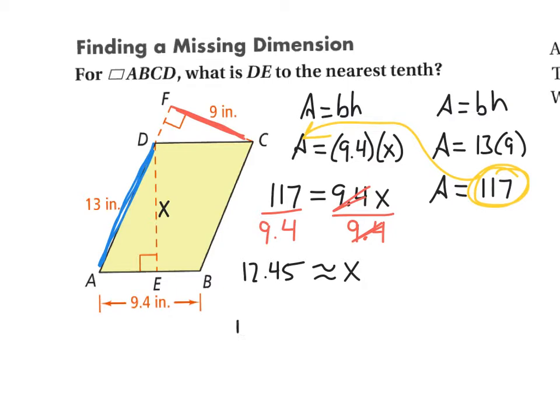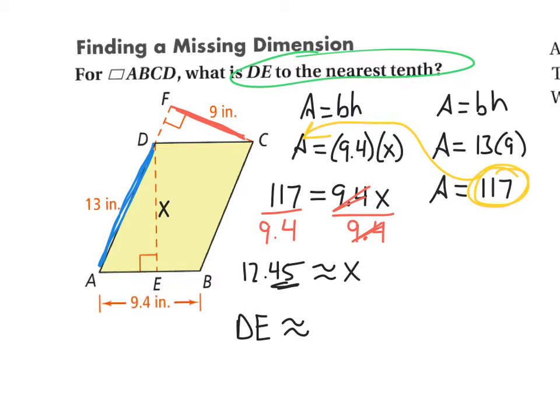And so that means DE is approximately, now look at the instructions. They do say to find DE to the nearest tenth. So you were right in saying that it's going to be 12.4, because I already rounded it to 2 decimal places.